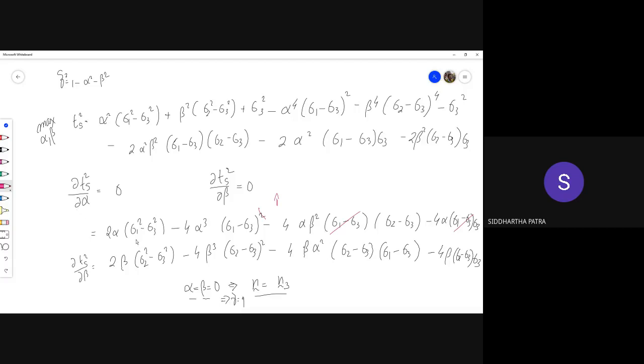So this eventually is your sigma 1 plus sigma 3. So if I divide either side with alpha, then I have this expression. And maybe I can also divide with 2.